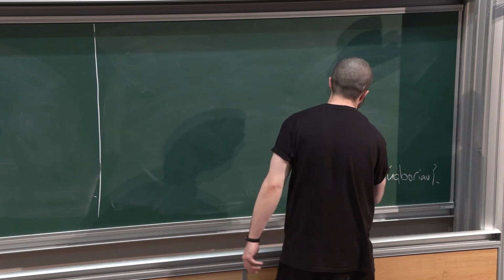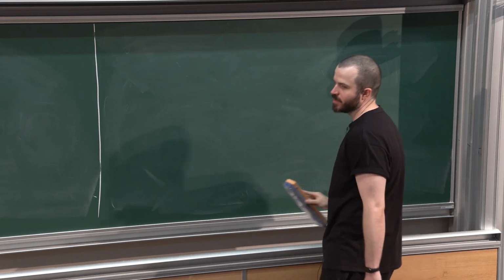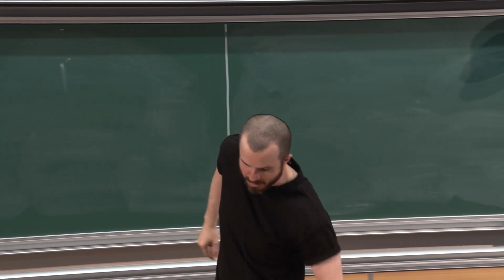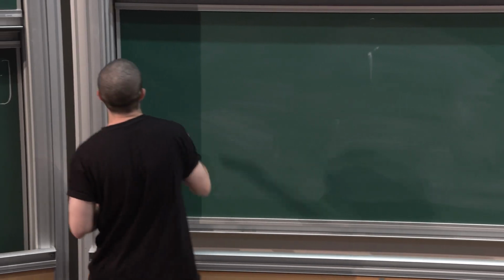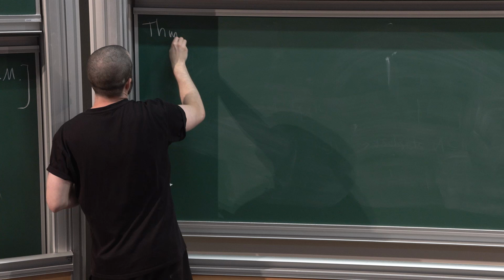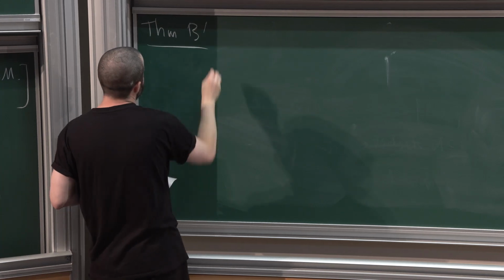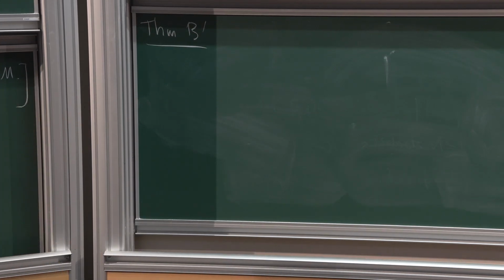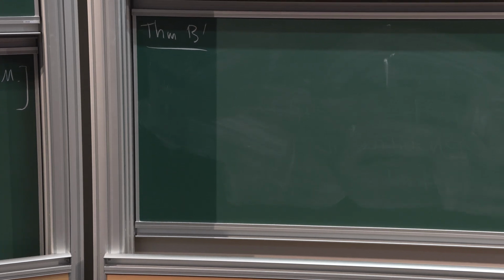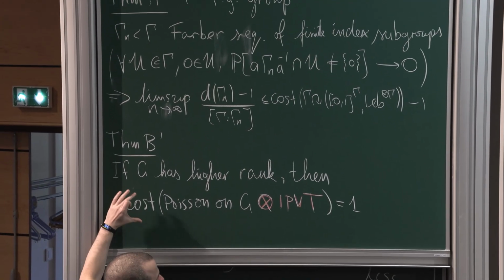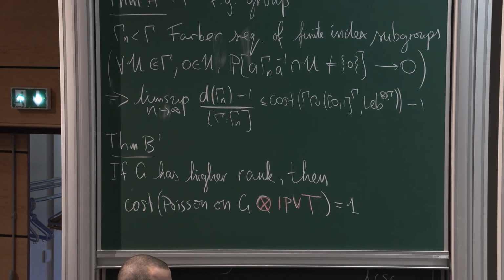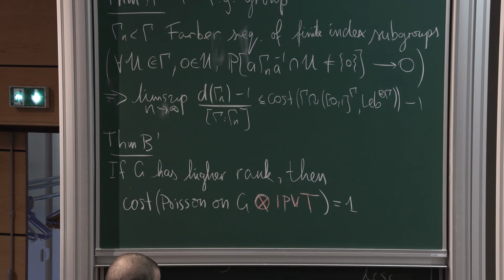I just wanted to say something briefly about this cost-monotonicity result and how it connects to theorem B prime. So theorem B prime. What do I mean by theorem B prime? This fact is something that will be presented tomorrow, I imagine.